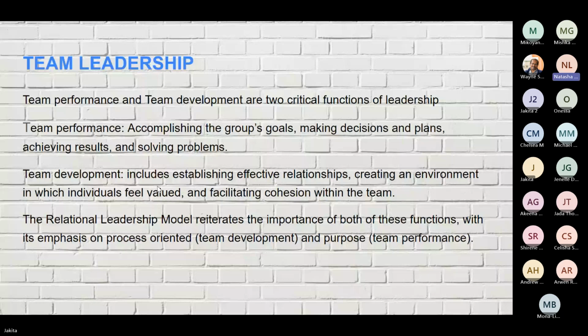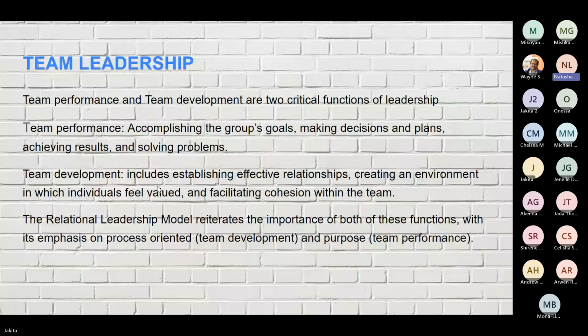While team development includes establishing effective relationships, creating an environment in which individuals feel valued, and facilitating cohesion within the team. Again, we look at the relational leadership model, which reiterates the importance of both of these functions, with its emphasis on process-oriented, which is team development, and purpose, which is team performance.